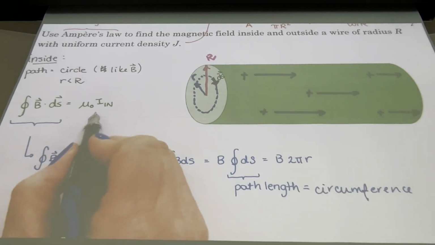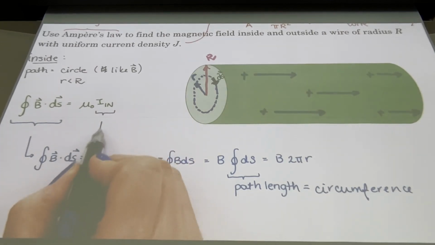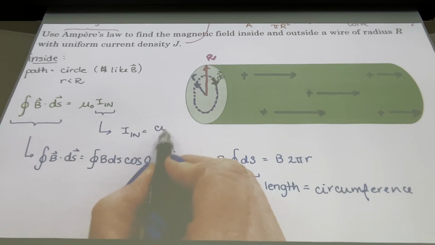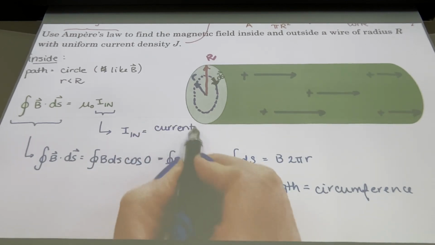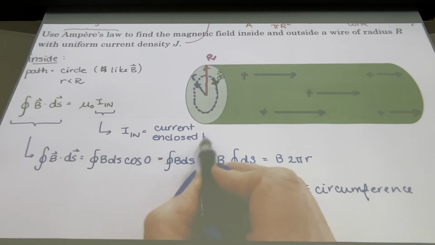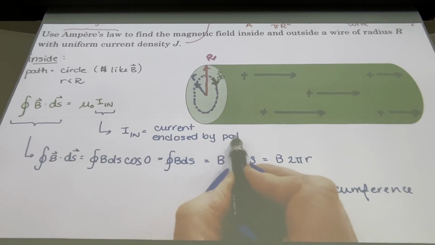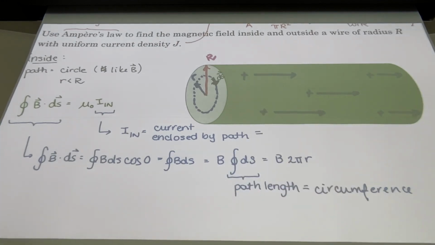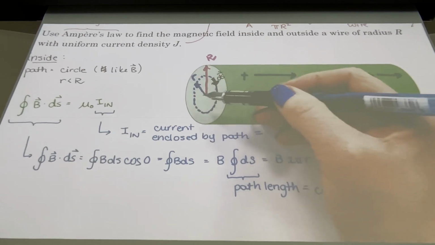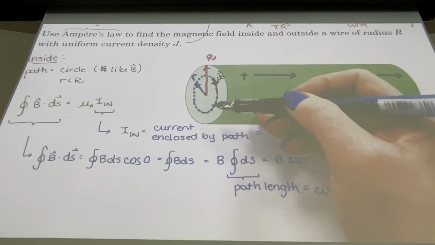The other part that we need to put in our equation is what is I in. So I in equals the current enclosed by the path. Our path only encloses a part of the total wire, so we only have part of the total current.